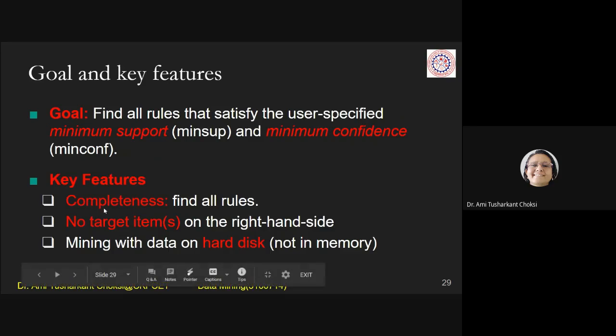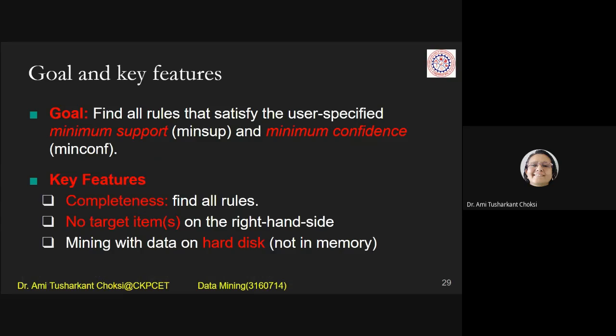Now key features. One thing is completeness, that is, find all the rules. No target items on the right hand side. Mining with the data on hard disk, not in the memory. What do we mean by this?